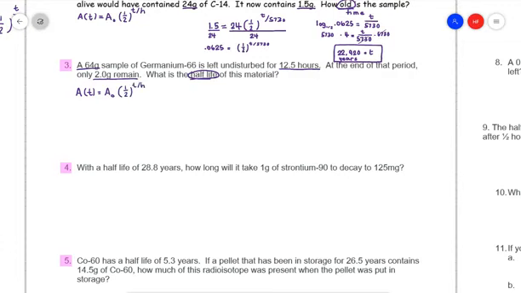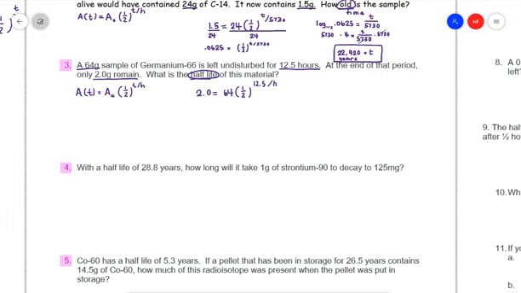And we're looking for the half-life, so we're looking for H. So we've got our end amount is 2.0. Our initial amount is 64. 1/2. Time is 12.5. And then we don't know H. So again, we have one where we have to move things around first.